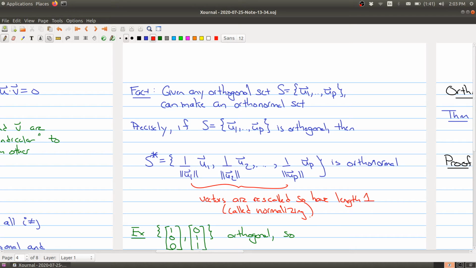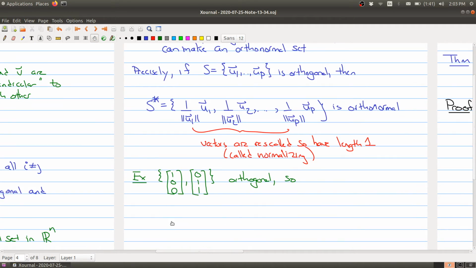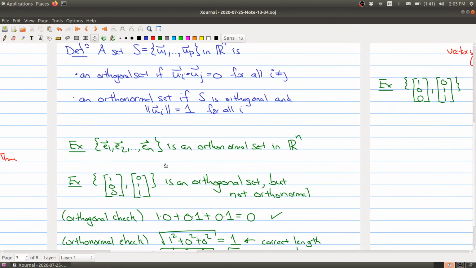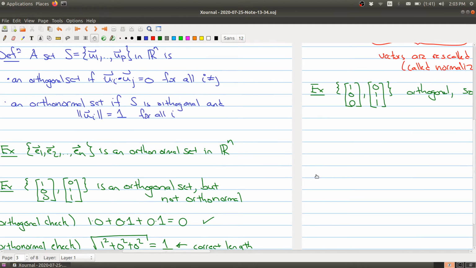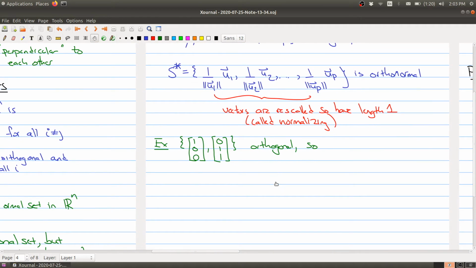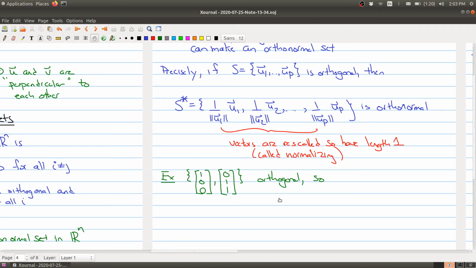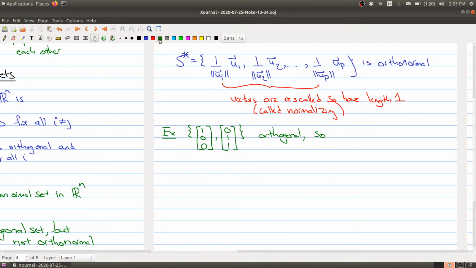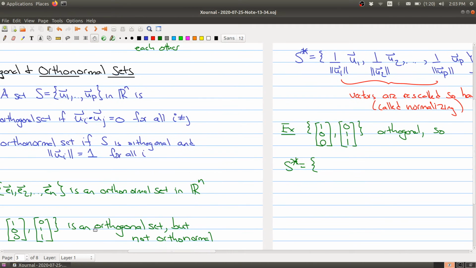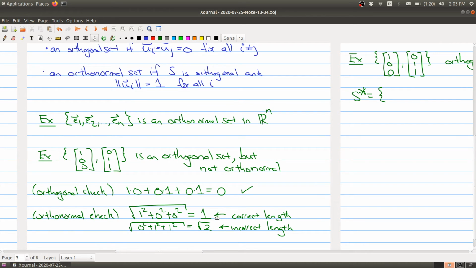Let's look at the example we were just playing with. We saw that this is an orthogonal set, but not an orthonormal set. But according to this procedure, I can now find an orthonormal set. So S star is going to be 1 over the length of that vector. We did this work already: this is the length of u1, and this is the length of u2.